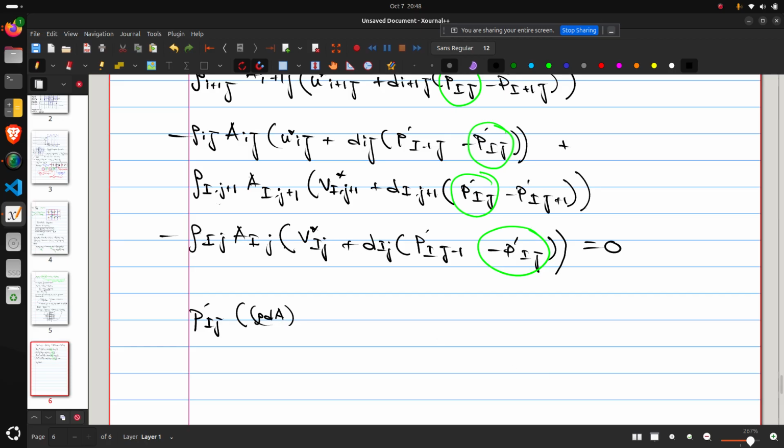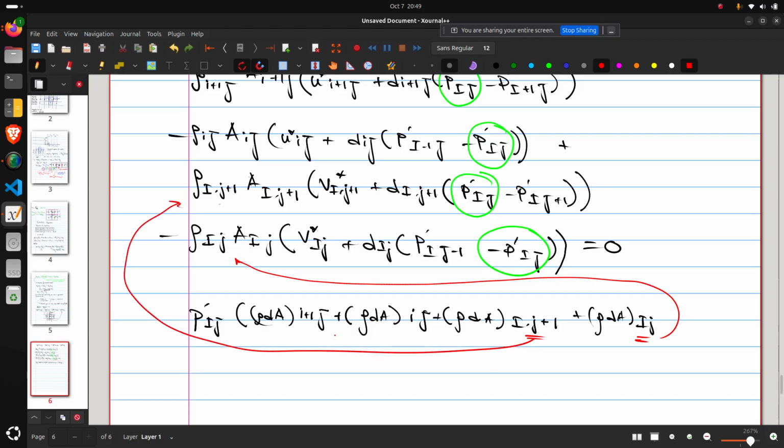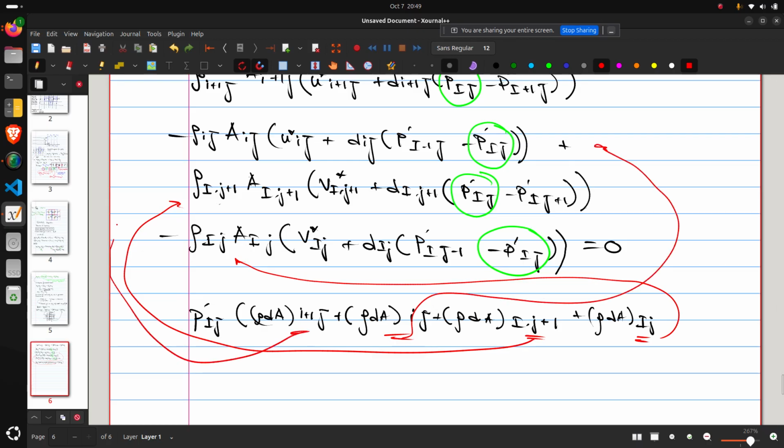So this will be small i plus 1, capital J, then plus rho dA small i, capital J, plus rho dA capital I, small j plus 1, and plus rho dA capital I, small j. Okay, you get where these are coming from. This is coming from this part, this is coming from this, this is coming from this, and this one from the first line.